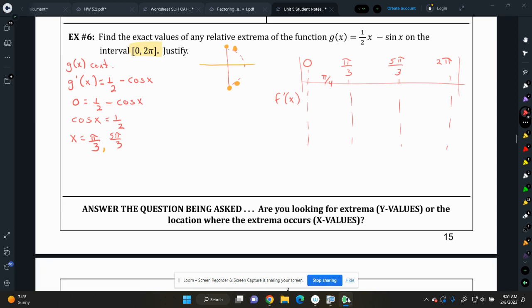So this is going to be 1/2 minus the cosine of pi over 4, which is the square root of 2 over 2. Is that going to be a positive or a negative number? Negative, because 1 minus the square root of 2 is negative. Square root of 2 is bigger than 1. So this is going to be a negative value, which means it's going down.